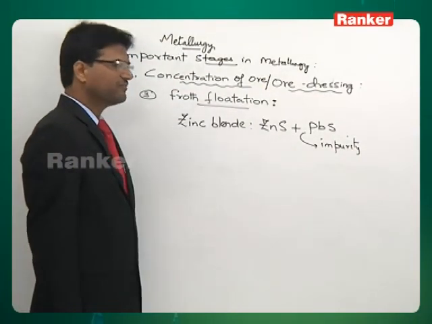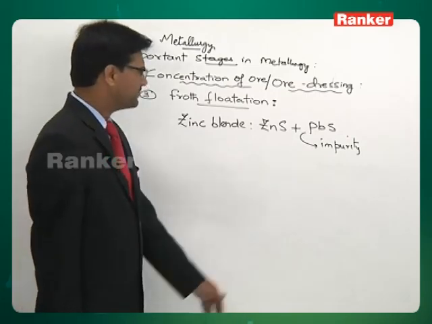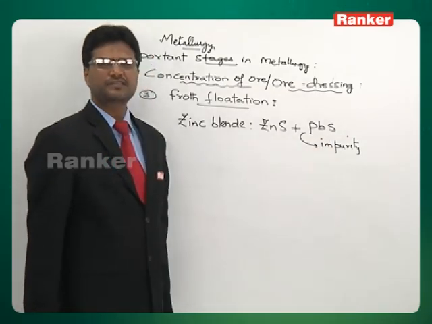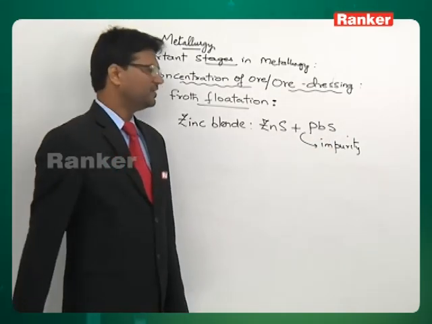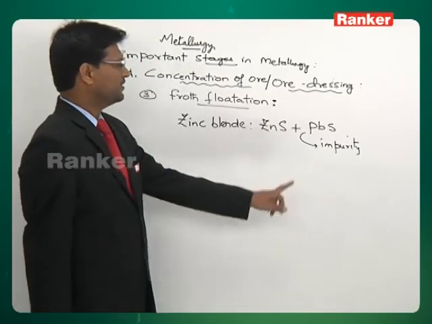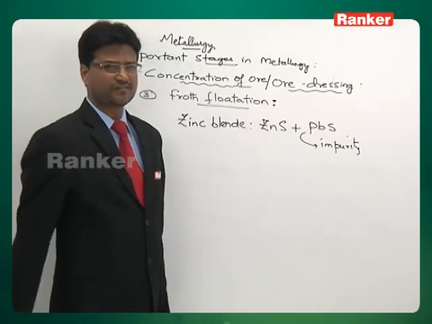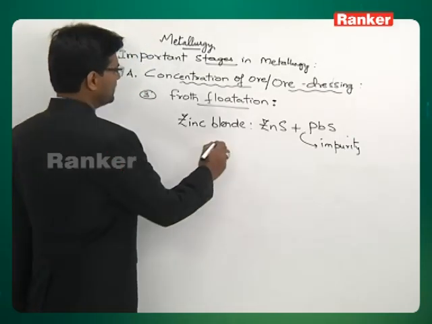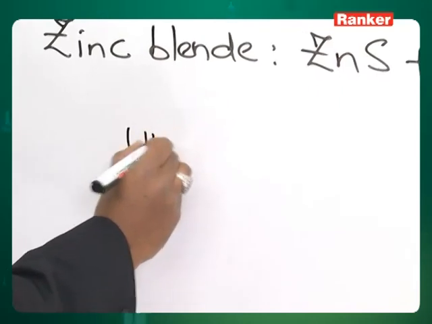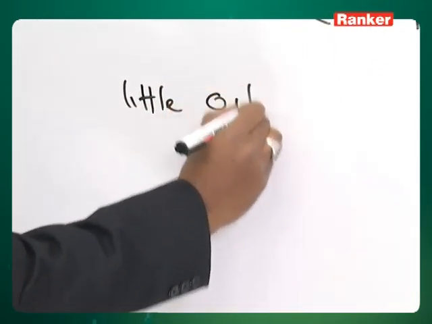Now, again during froth flotation, there is a possibility that both ZnS and PbS can get attracted to the froth. So, we need to avoid these two together getting attracted to the froth. So, what we do is we add a little oil.